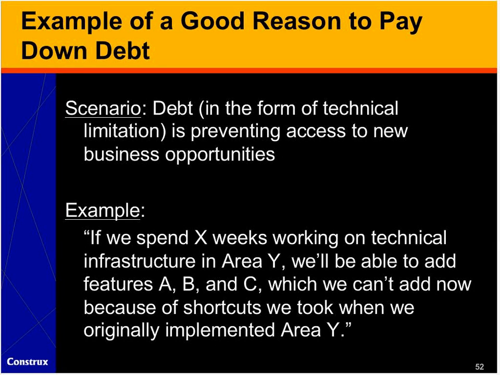Another good example, the final good example I'll give you to pay down debt, is debt in the form of a technical limitation that is preventing access to new business opportunities.